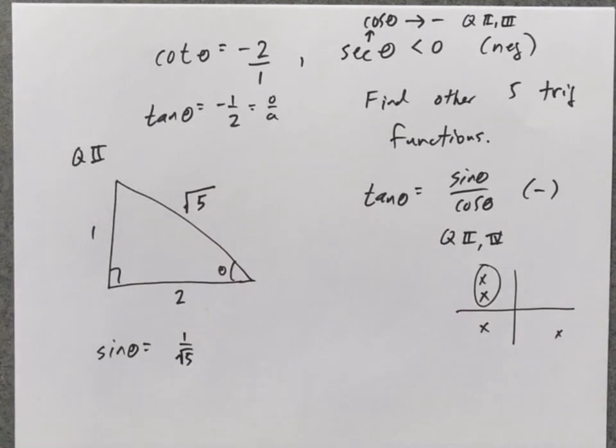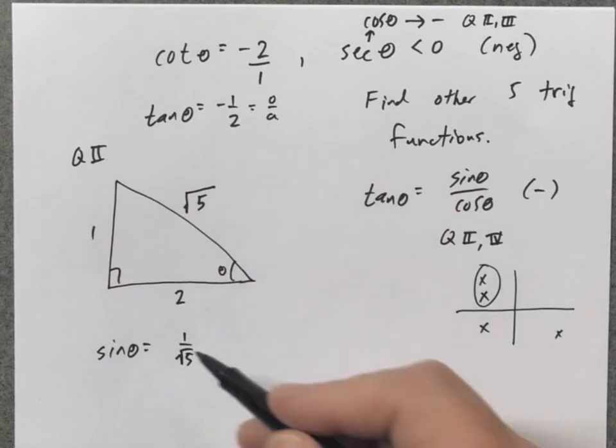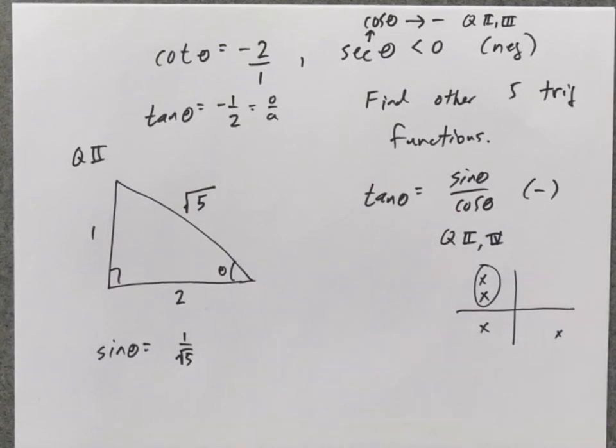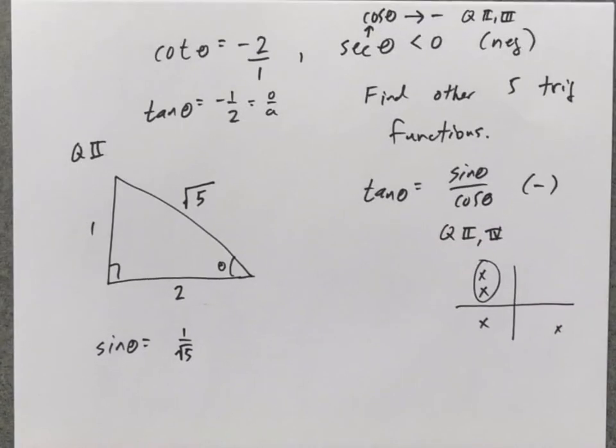So that's the first step, the number, and then I have to decide whether it's plus or minus. Quadrant 2, what is the sign in quadrant 2? The sine tracks y. What is y in quadrant 2? Well, it's positive. So therefore the sine of theta is just positive 1 over square root of 5.